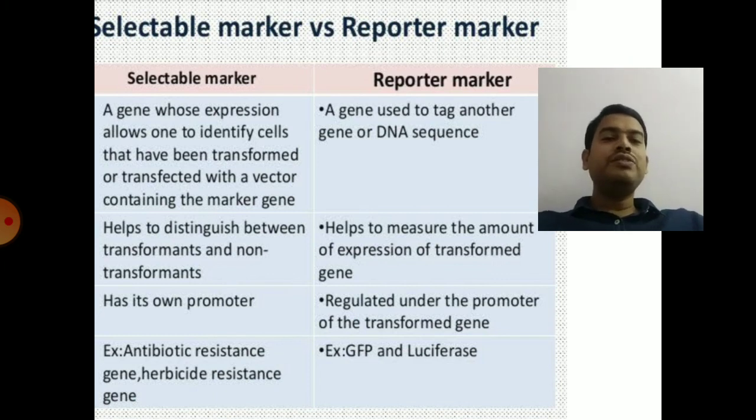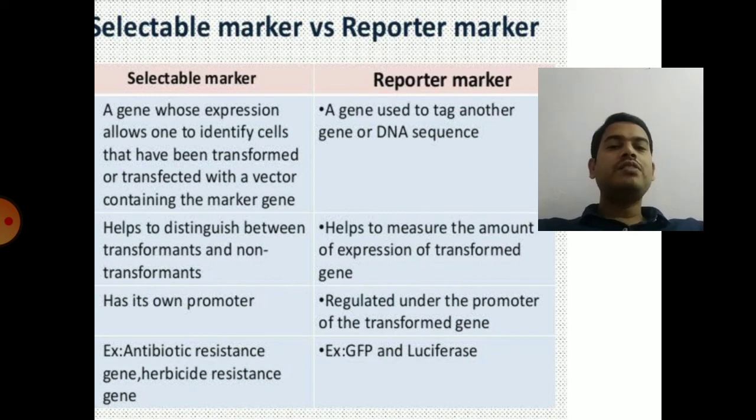A selectable marker is used for selection of the transformed and non-transformed cells, whereas a reporter marker is used for identification of expression of your gene of interest. It helps to distinguish between transformed and non-transformed cells, and helps to measure the amount of expression of the transformed gene. That is the main difference.